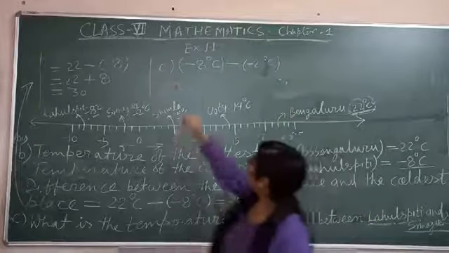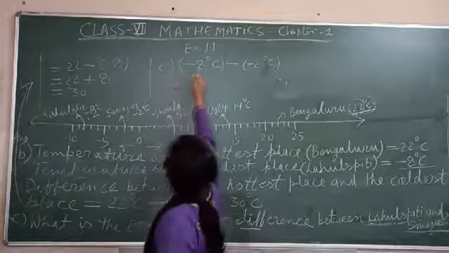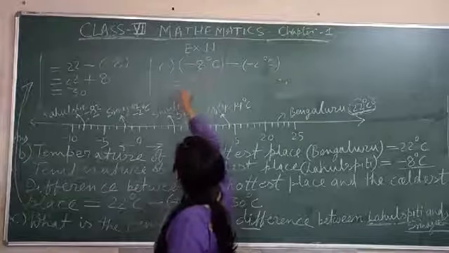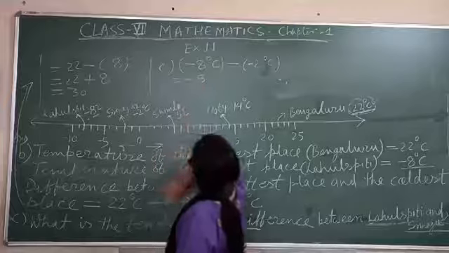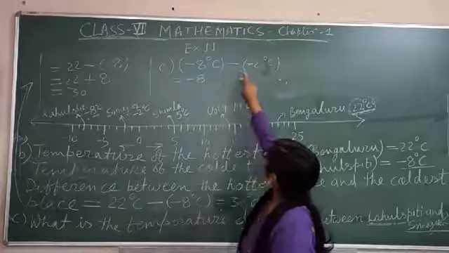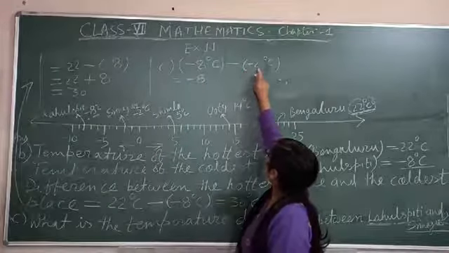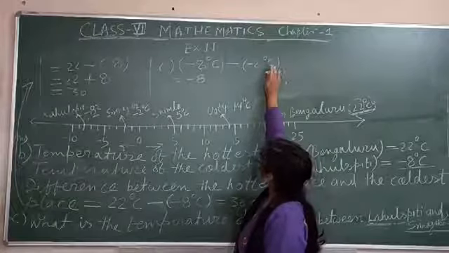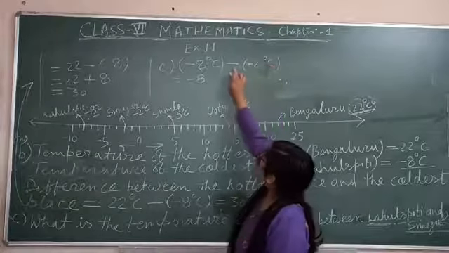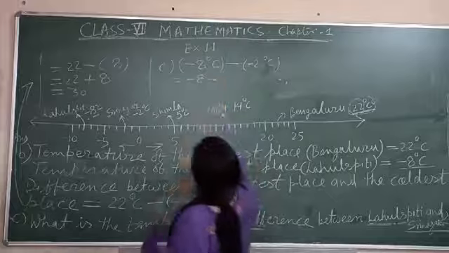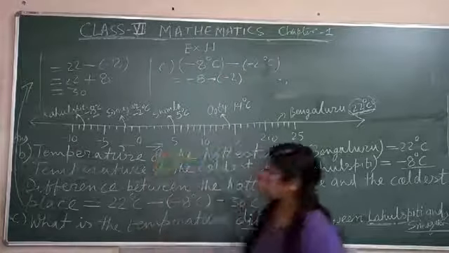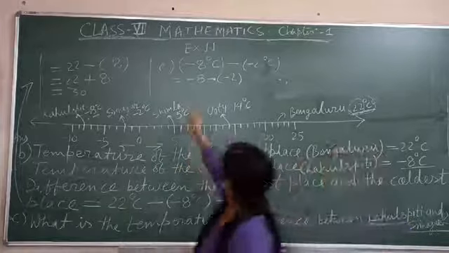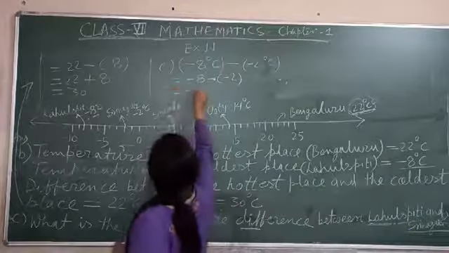Now look how we will solve this. When we do the calculation, we will not write the unit. So just write -8, minus, within bracket -2. We will not write the unit here. So we can write this for the calculation like that.